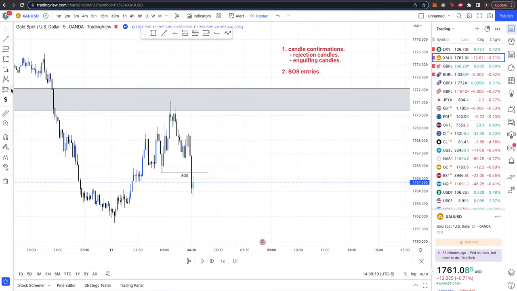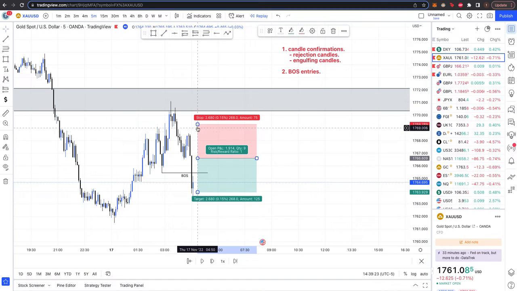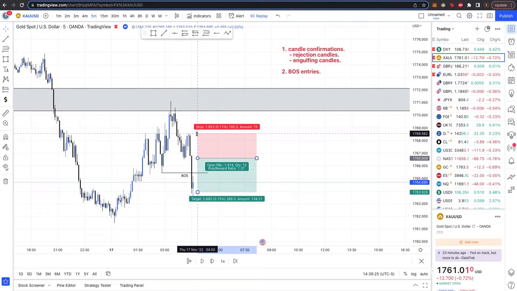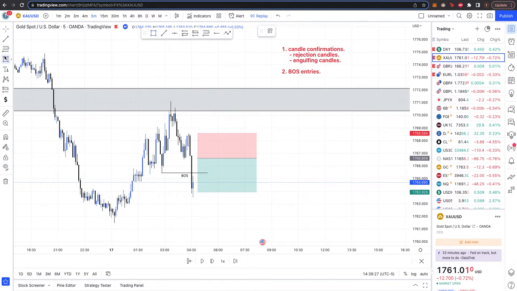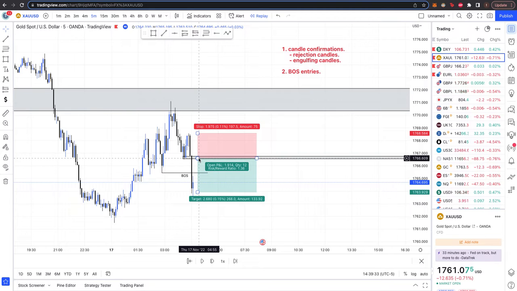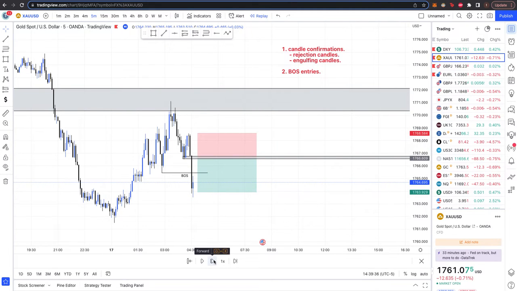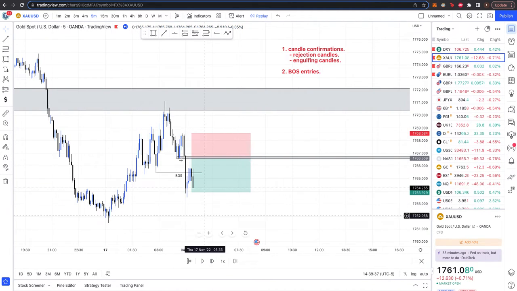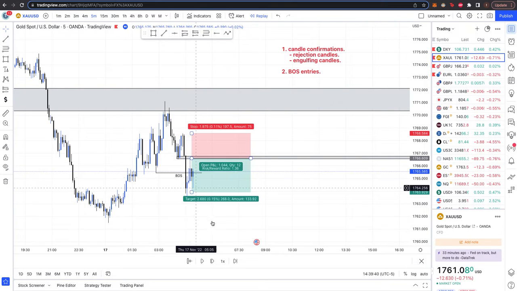So that is when I started to look for a trade, and I in fact took this trade. As soon as price came back into this low right here, that is where I had my sell limit order, and as you can see, price just tapped my sell limit in.